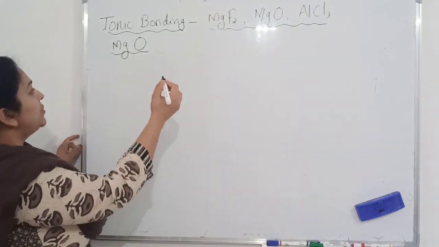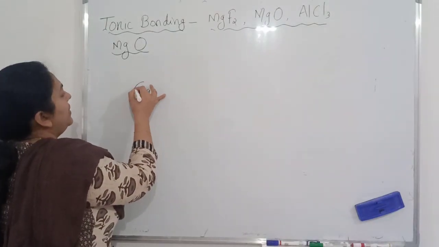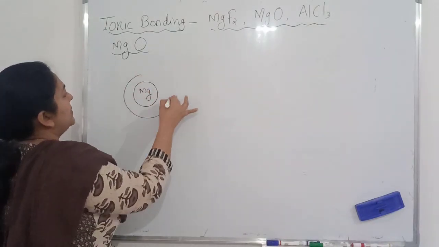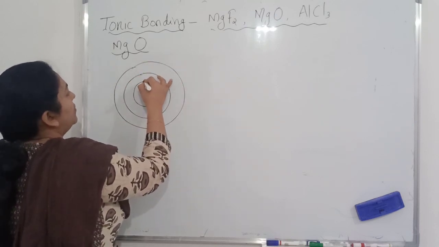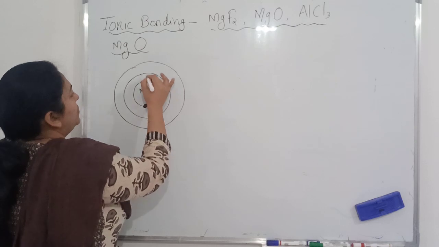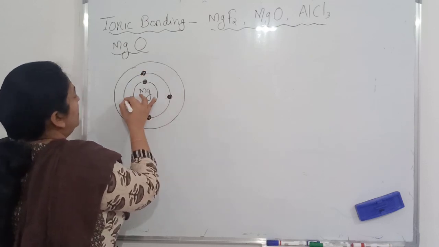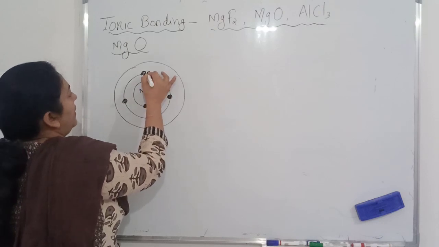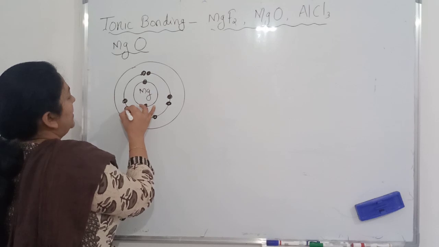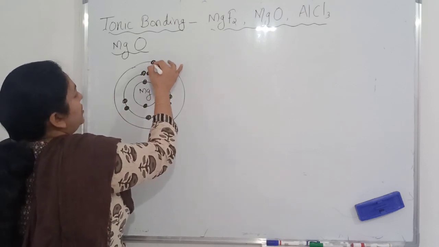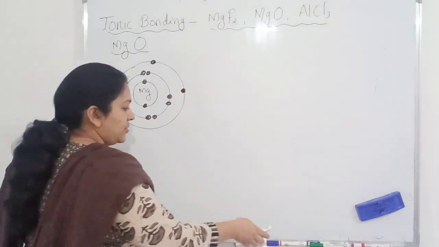So, here let's try to draw the bonding. It's very simple. Magnesium, okay? First shell, second shell, third shell. Now fill electrons 1, 2, 1, 2, 3, 4, 5, 6, 7, 8. And in the third shell, 2 electrons. Okay. And oxygen, I'll draw with a different color.